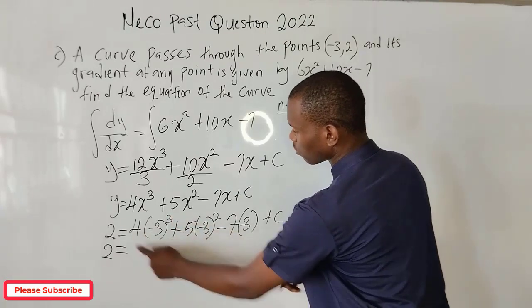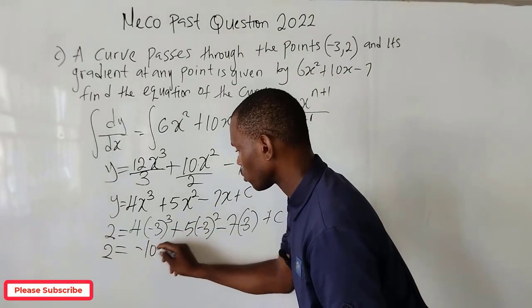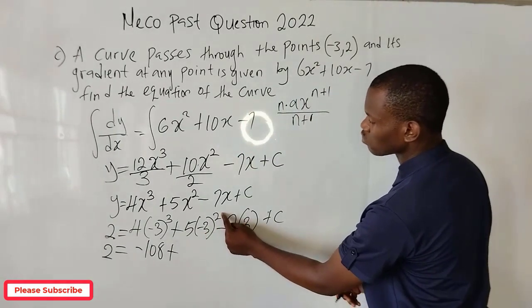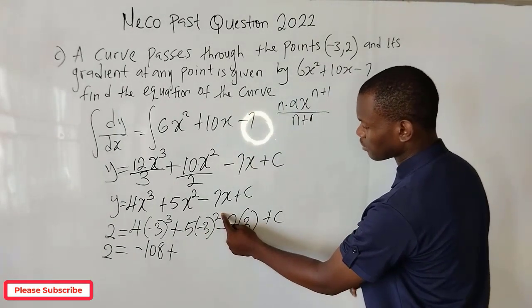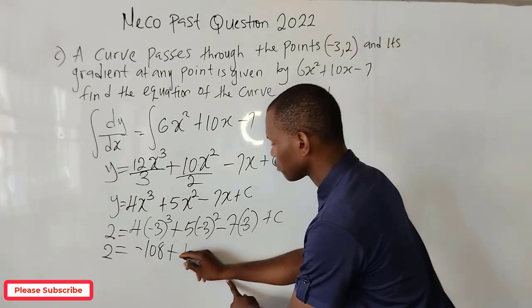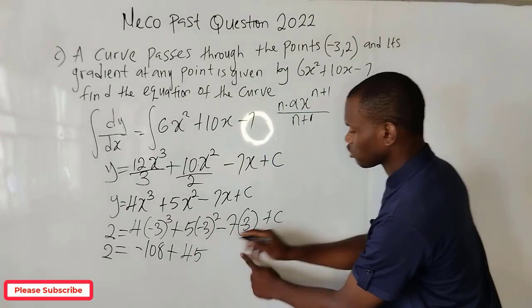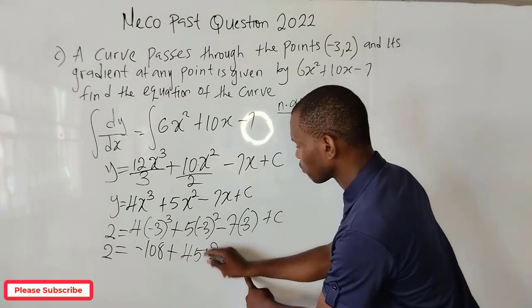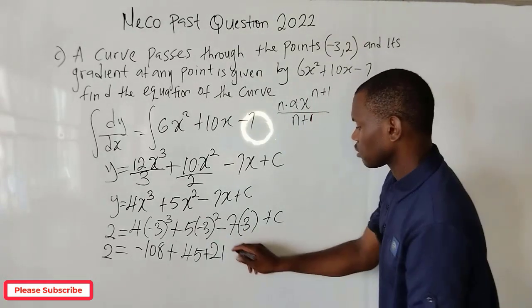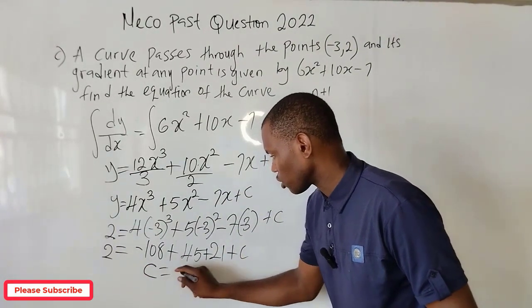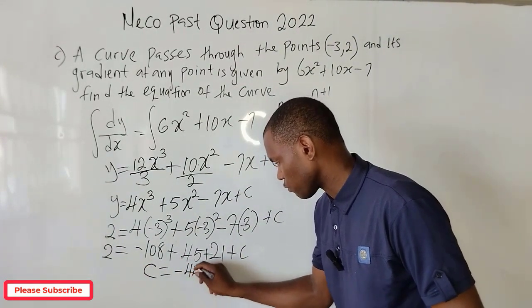Minus 27 times 4 will give me minus 108, plus minus 3 raised to power 2, which is positive 9. 9 times 5 will give me 45. Minus 7 times minus 3 will give me plus 21, plus c. So if we add and subtract here, I will have c equal to minus 44.